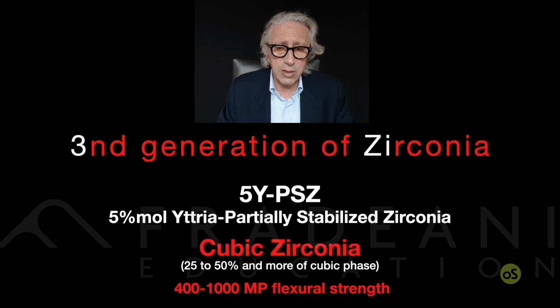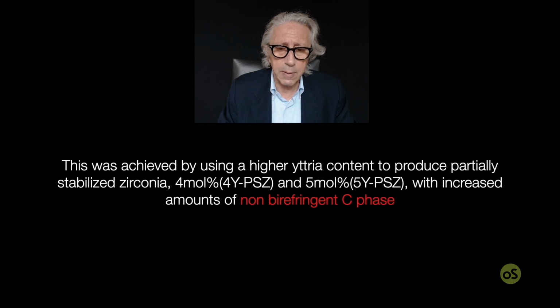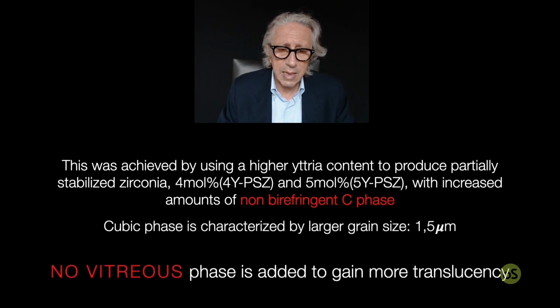Today we have different brands of zirconia that are really working in this field, on the third generation of zirconia, on cubic zirconia. It's also interesting because the translucency that was achieved in a better way with this kind of cubic zirconia is normally characterized by the grain size. You have no vitreous phase, no silica content inside to achieve more translucency.